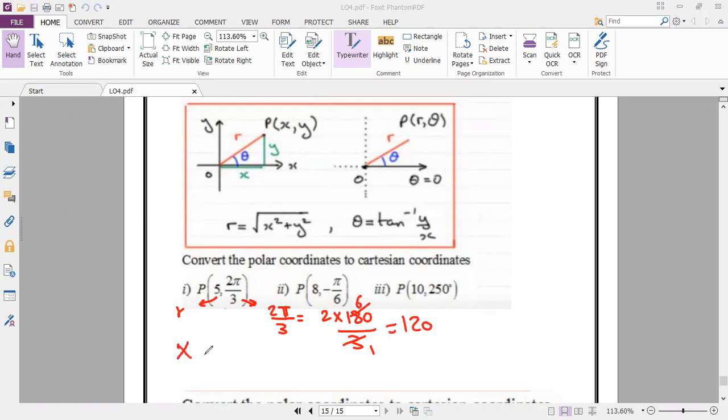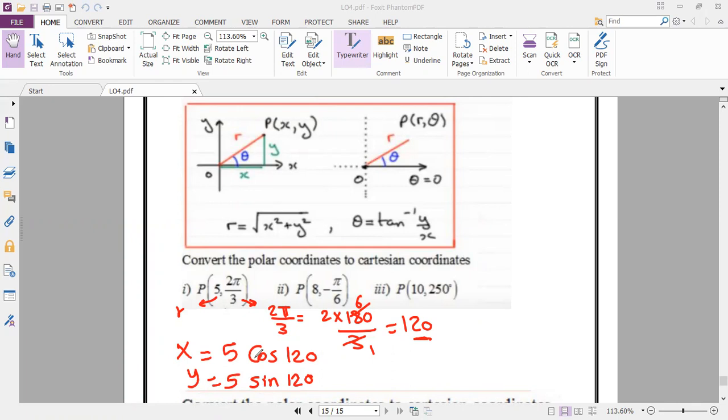To get x, follow this rule: it's 5 cosine 120. And to get y, it's 5 sine 120.